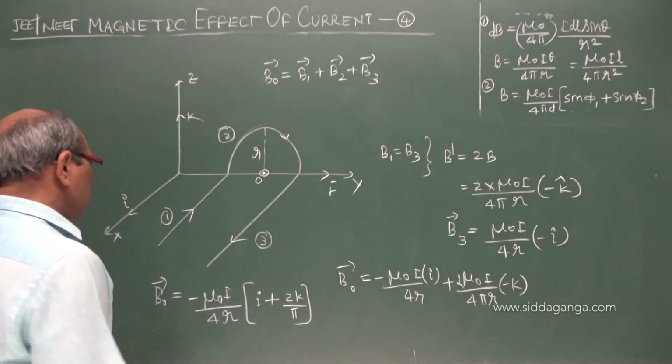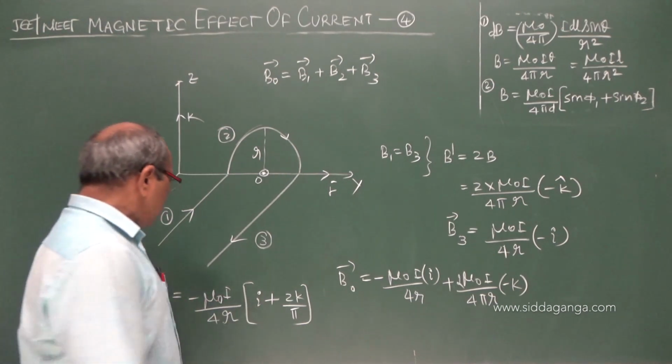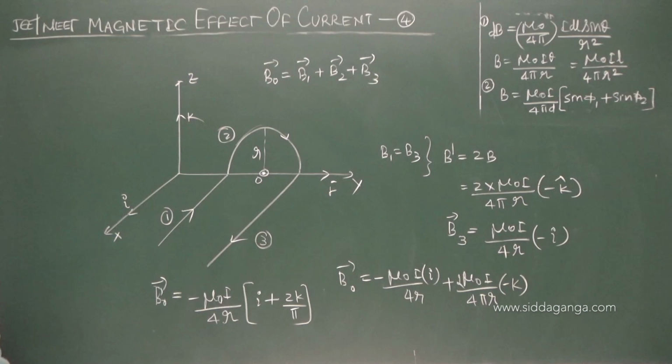This may be the answer. If magnitude is required, we can simplify. But minus I brought out and shown there. This is mu naught I by 4R.